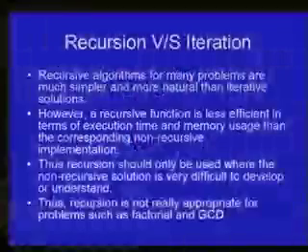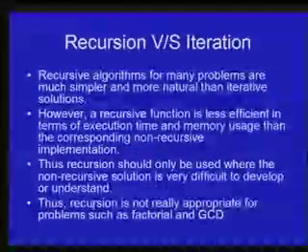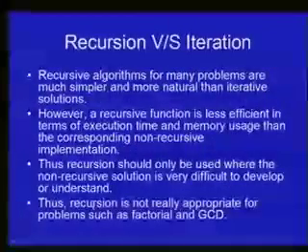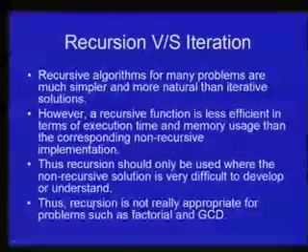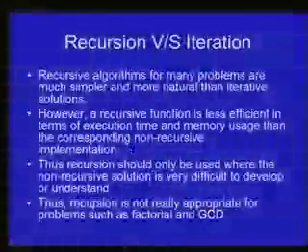However, in certain cases the problem itself may be very difficult to solve, or the solution may be very difficult to understand if recursion is not used, for example the Tower of Hanoi problem that we saw last time, and in such cases certainly we should use recursion. But for problems such as factorial and GCD, which can be easily solved and understood even with a non-recursive solution, recursion is not really appropriate.